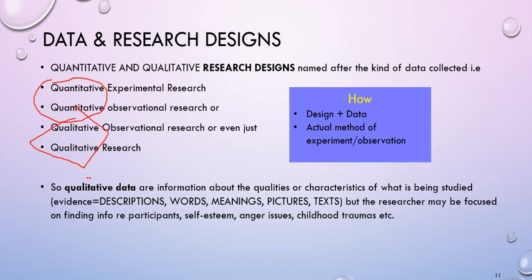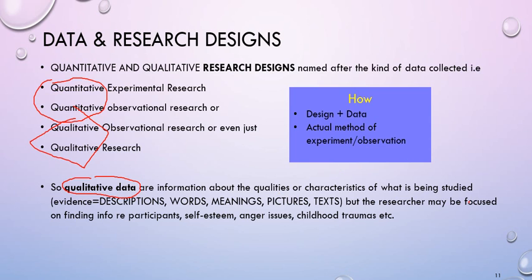And qualitative data are the ones talking about the quality of the response, the qualities that the response is giving me to analyze, the characteristic of the response. So the description, the feelings, the meanings, the pictures, the text, the poem they write, the way they describe their feelings in a movie, these are qualitative data.